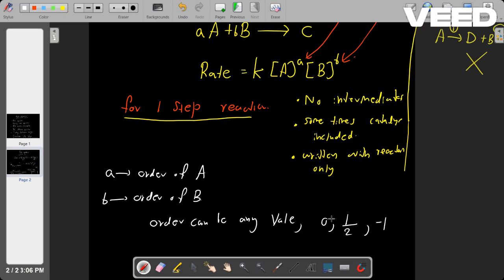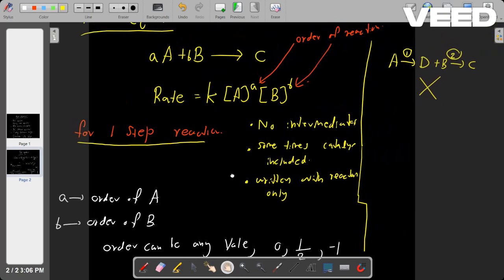Usually in our questions, we don't give you fractions and negative values, but in case you get a negative or quarters, it is still acceptable. There's no rule that orders should always be positive whole numbers. I'm telling you this because you will need these things in the future when you are doing more questions.